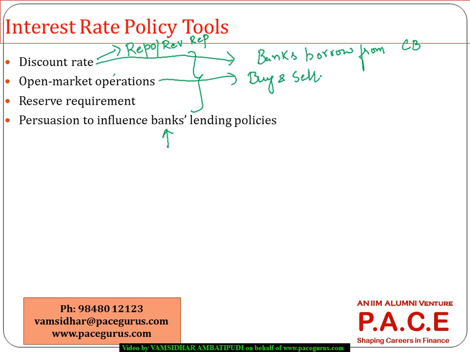If they are selling more and more treasury bills, probably the banks are buying them. So what is happening? They are reducing the money supply in the banking system.